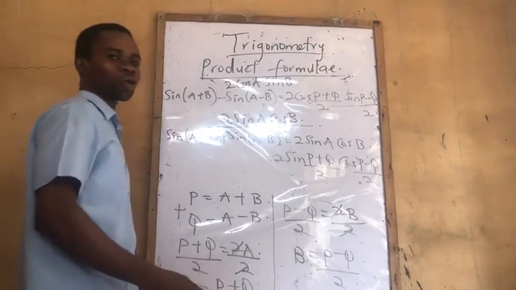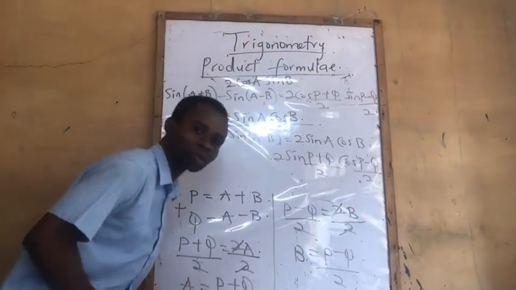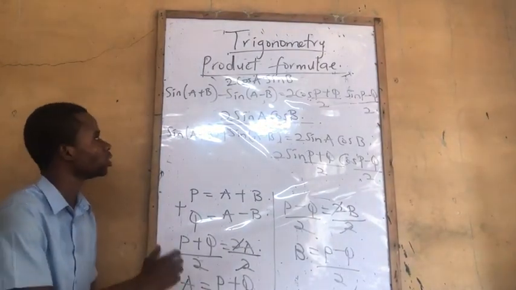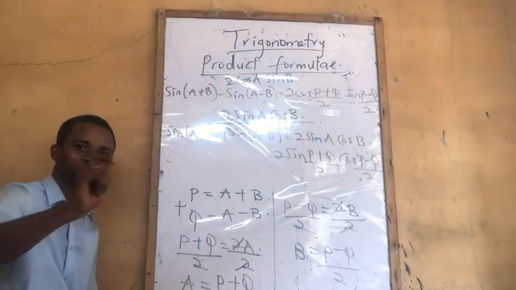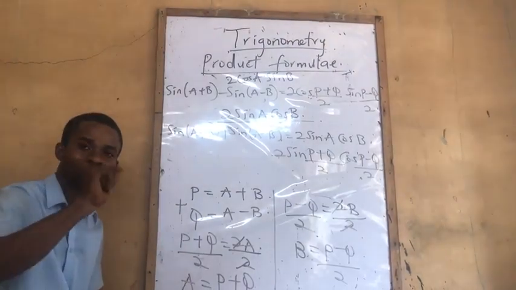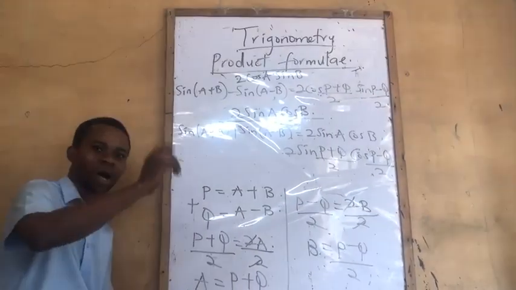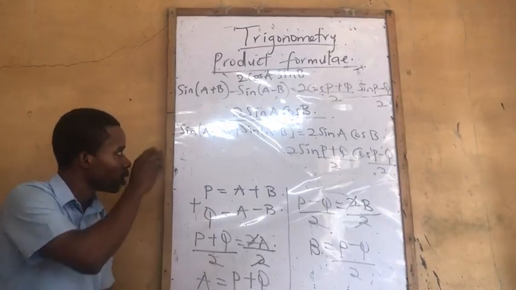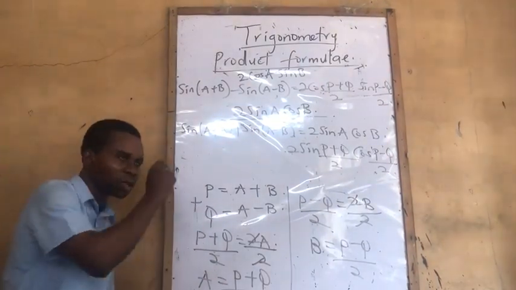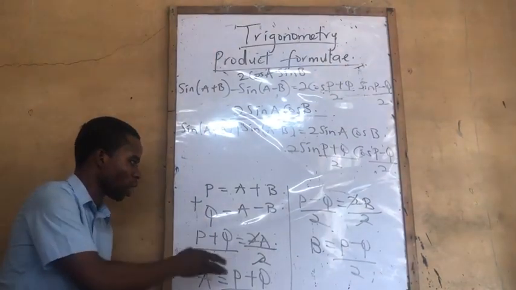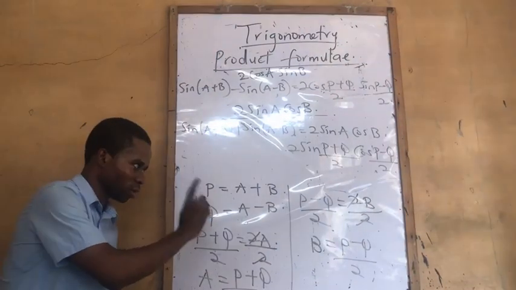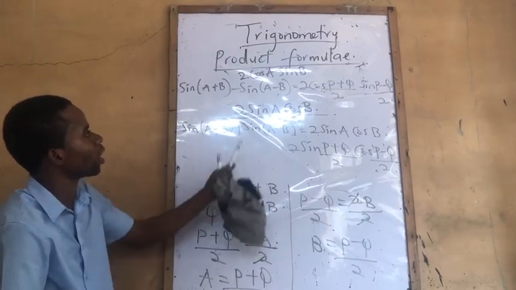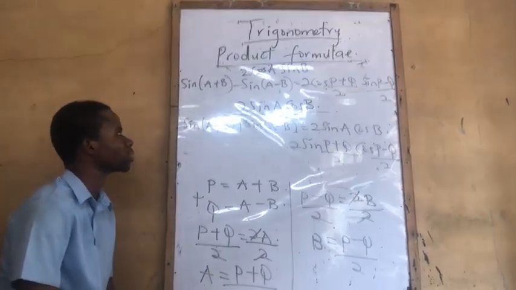The same thing goes for the cos. If you want to do the addition for the cos, write out cos A plus B and write out cos A minus B. Add them together. Follow this principle: make A plus B as P, A minus B as Q, get your A, get your B, and substitute back into your original answer.